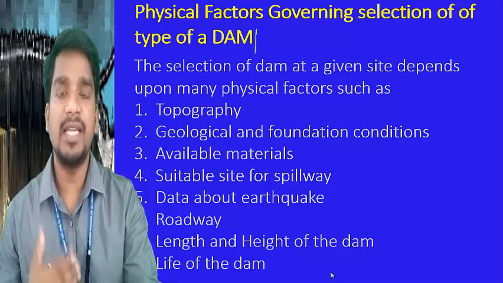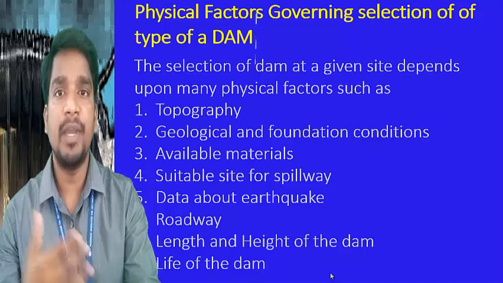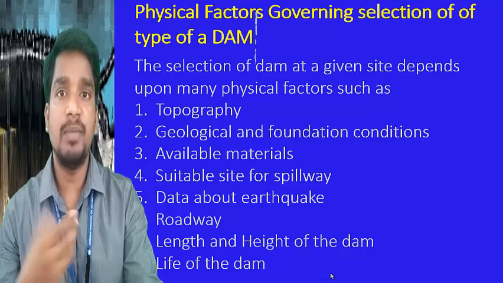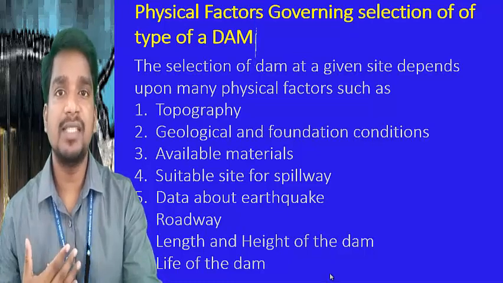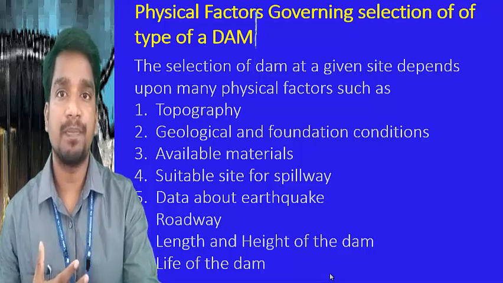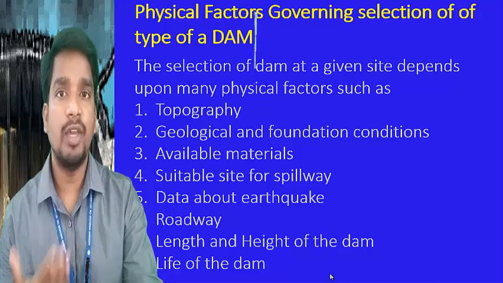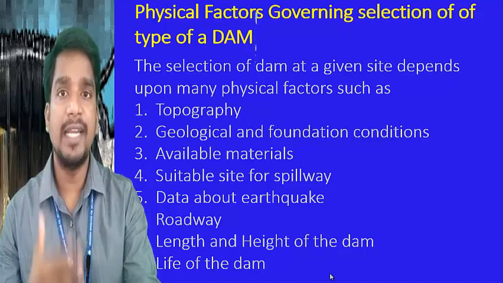Now the next important point is length and height of the dam, because all the dams may not give the same length. Suppose the length of the river stream is very large, let us assume the width is very large. So in that particular case, you have to go for an earth dam, because the materials required are more. In case the length of the dam is more, if you prefer the concrete dam for the same length, then what happens?